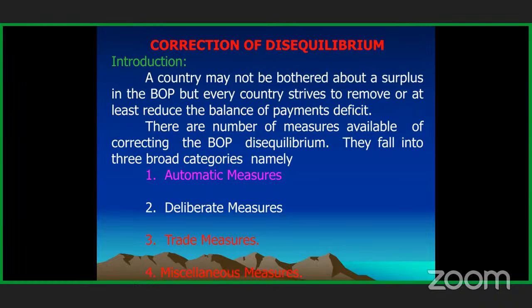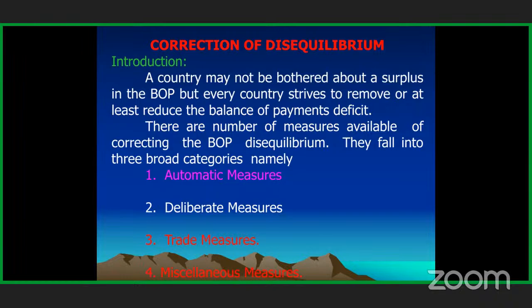The theory of automatic correction is that if the market forces of demand and supply are allowed to have free play, in course of time, equilibrium will be automatically restored. As these conditions are not completely prevailing in the real world, such an automatic adjustment is not possible. Hence, when there is a deficit in balance of payments, government has to immediately act to introduce deliberate corrective measures.